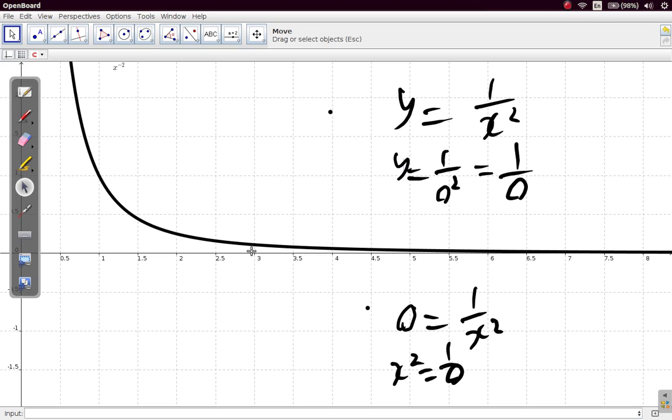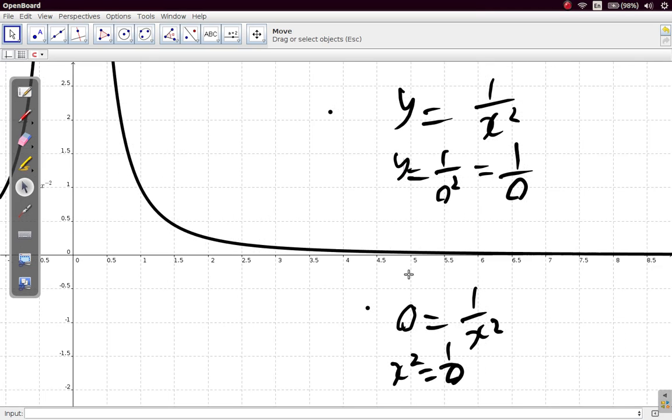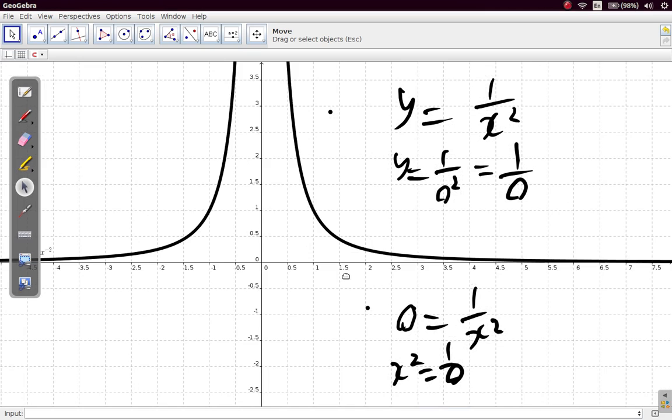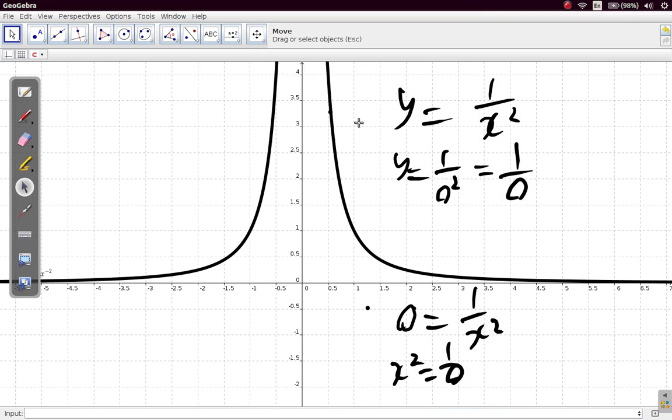What you have is the curve gets closer and closer to the x-axis, but never crosses it. It also gets closer and closer to the y-axis, but never crosses it. And in our previous video, we saw that it means the graph is an asymptote to the x-axis and also to the y-axis.